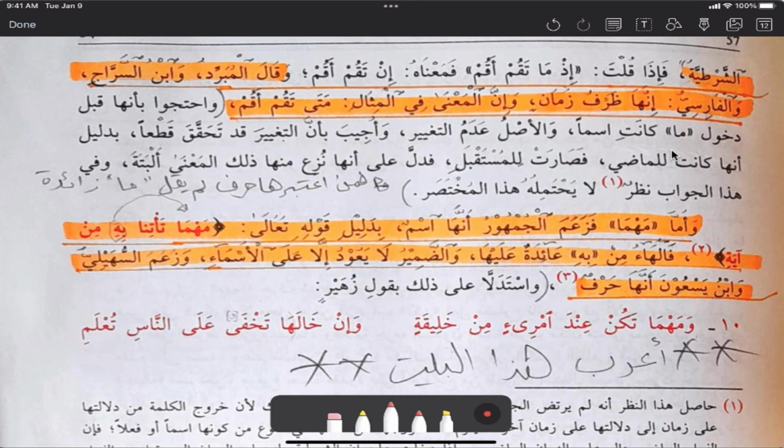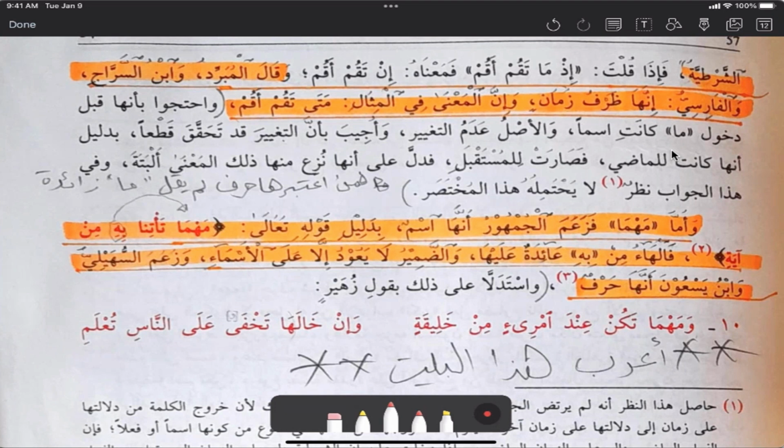And Al-Mubarrid and Ibn al-Sarraj and Al-Farisi said that it is a time zarf. But these three Imams said, no, it's not a particle.